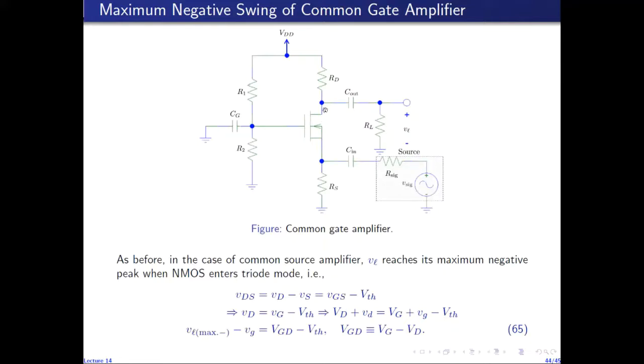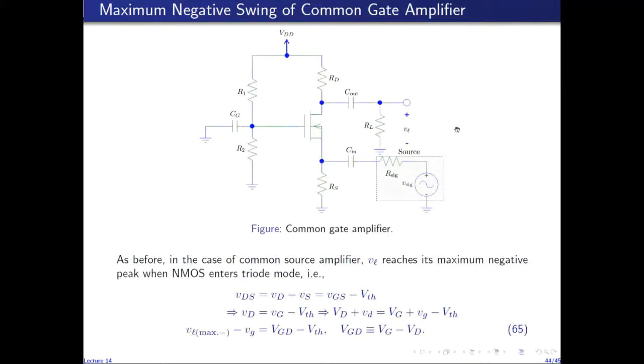So the drain current increases, which increases the source current. So increase in source current increases the source voltage. So drain voltage is decreasing, source voltage is increasing, which means that VDS is decreasing. So as VL swings in the negative direction, VDS decreases and the transistor is pushed towards the triode mode.